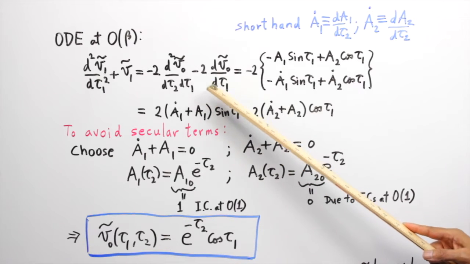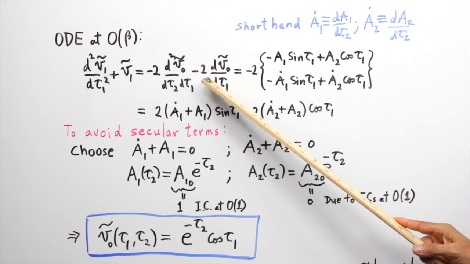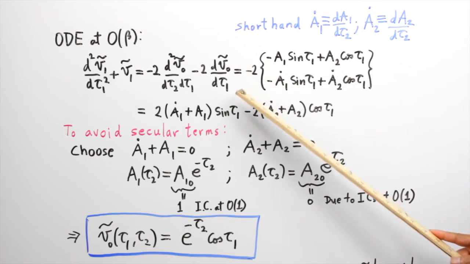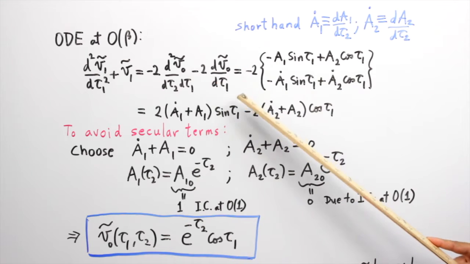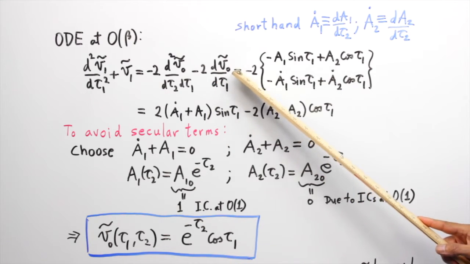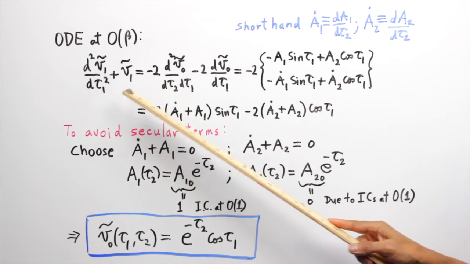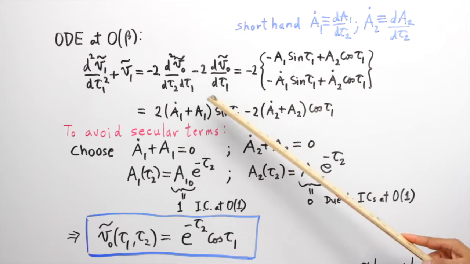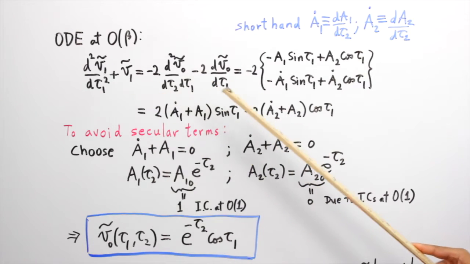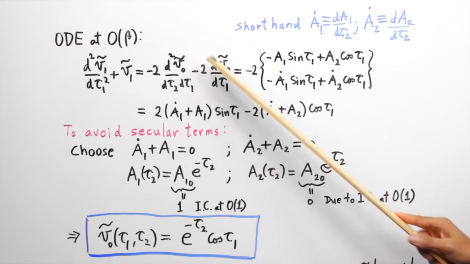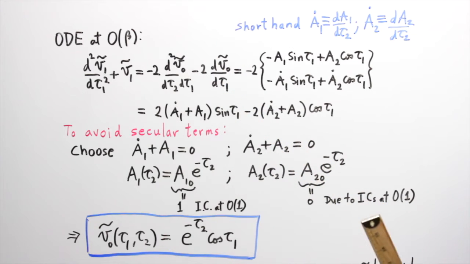This is the 2 beta times the first derivative of the solution with respect to time. When we move the displacement at lower order to the other side, the minus sign is simply coming from transferring from the left-hand side to the right-hand side. This term came up from the expansion of the second derivative, as we saw before.